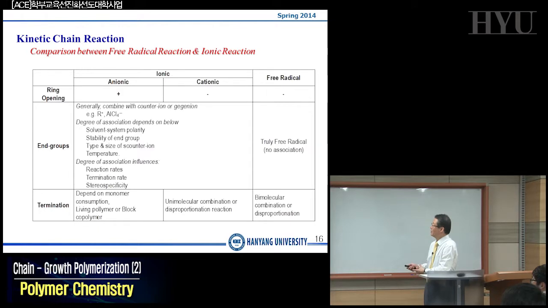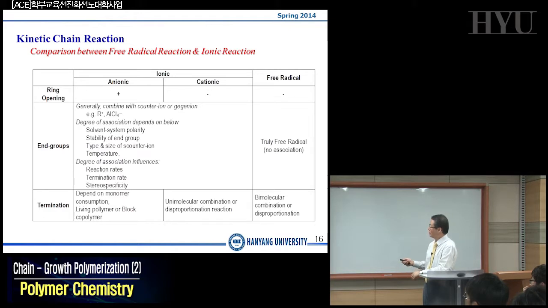Particularly, if I compare free radical versus ionic polymerization reactions, in terms of ring opening, if I have a ring, anionic polymerization is possible for ring opening polymerization reactions, whereas radical, as I said in the previous slide, is not possible. Now, the end group of your chain end also influences ionic versus free radical.